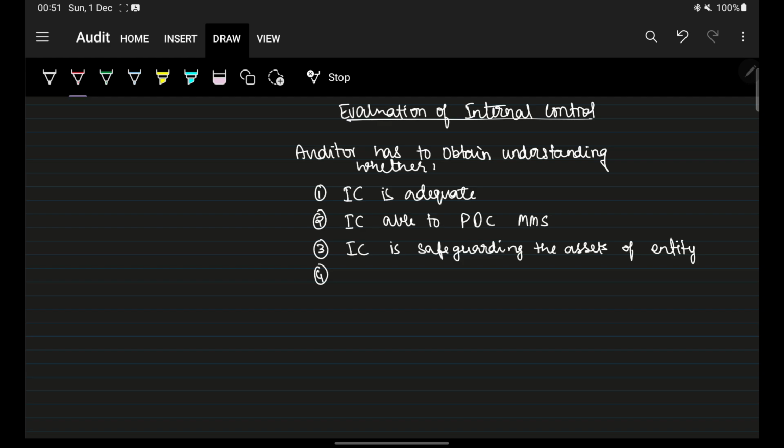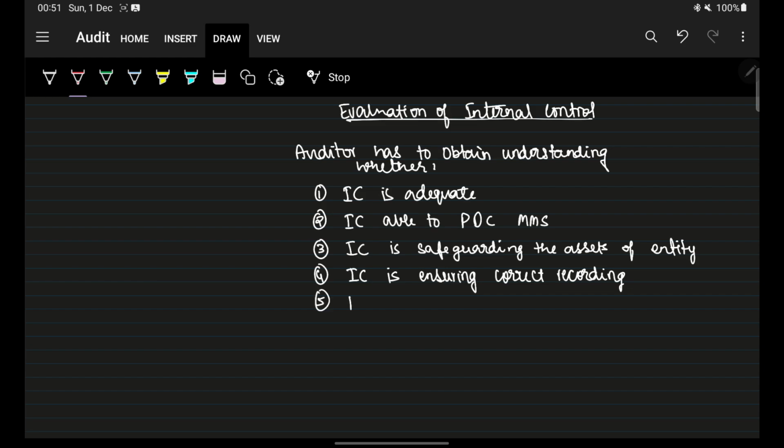And the fourth point, whether IC is ensuring correct recording.